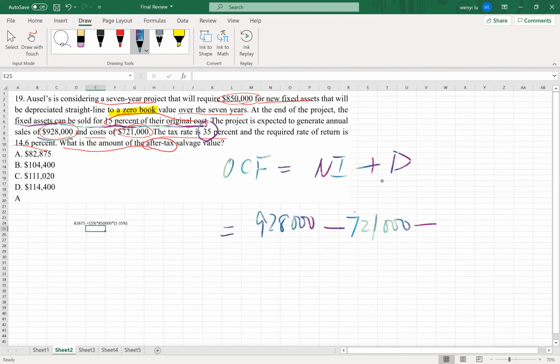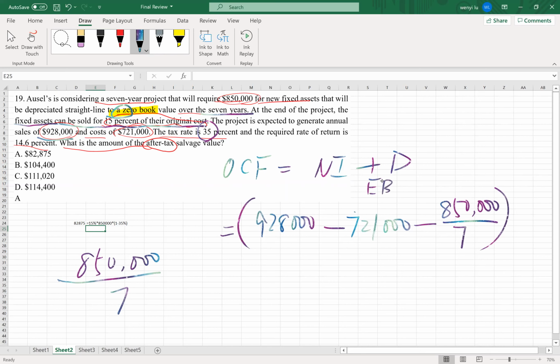And what's the depreciation amount every year? Our total cost for this asset is 850,000. And this one will be depreciated to 0 over the 7 years. So the annual depreciation amount will be 850,000 divided by what? Divided by 7, right? So we will minus 850,000 divided by 7, right?